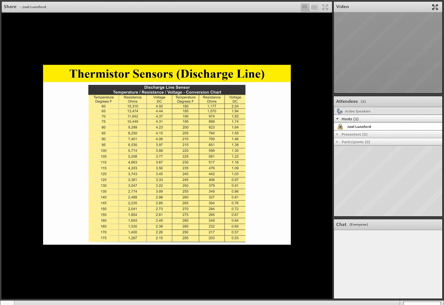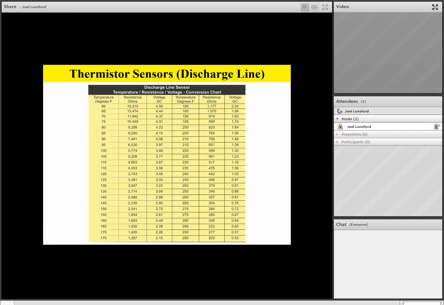If we unplug the sensor from the board, referring to the chart at 200 degrees, the resistance would be 823 ohms. If we plug the sensor back onto the board at 200 degrees, we see that it would be 1.64 volts DC.